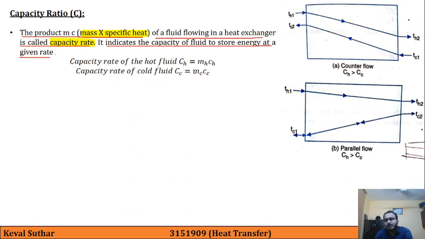Now one more thing that we should discuss here regarding these figures. First of all, you are well aware of the temperature profile in counter flow and parallel flow.